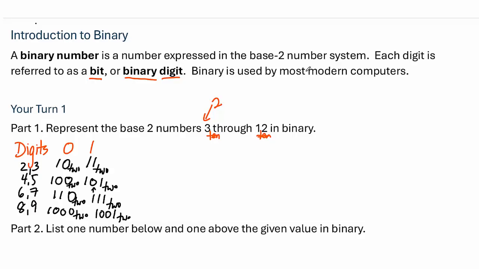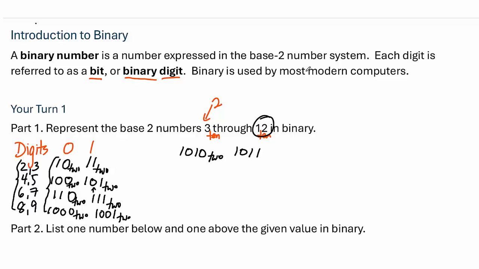Notice that the 10, 100, 110, 1000, all the first column, all the multiples of 2 are right here. And if I keep going, because we're supposed to go up through 12, the number after 1001, again, there is no 1002, so we have to roll over to the next place value. So it's going to be 1010. After that is 1011.